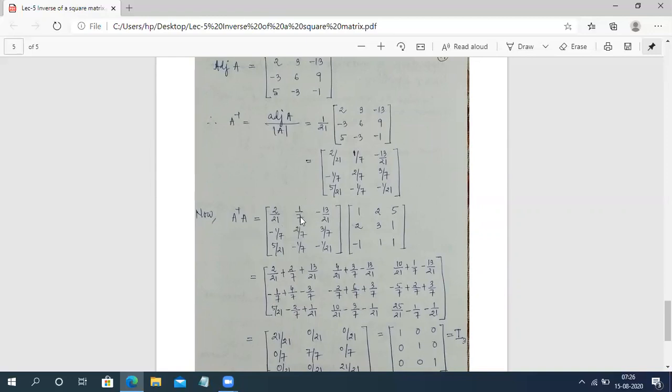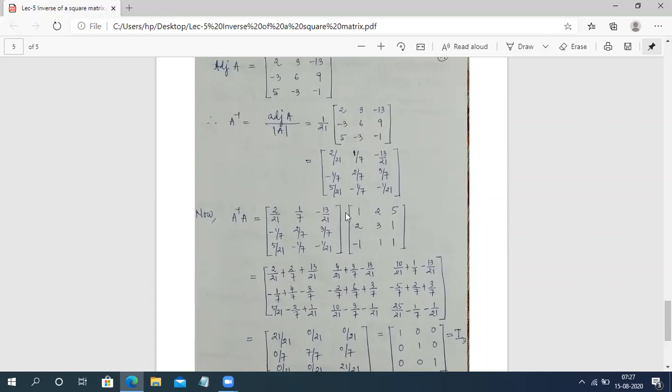So first write the inverse matrix and then multiply this matrix with the matrix A, by the multiplication rule: first row with each column.